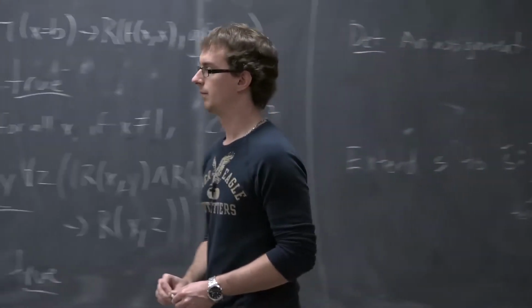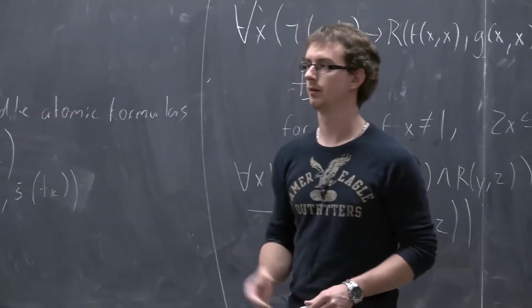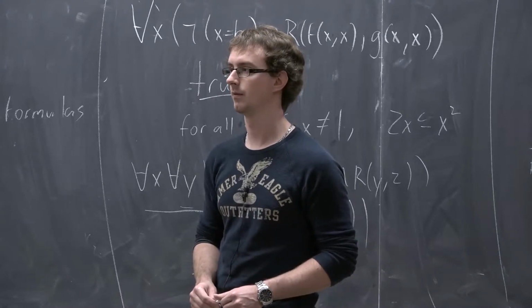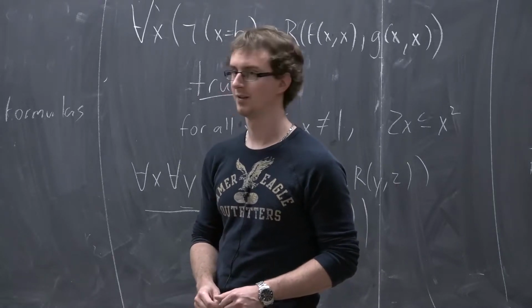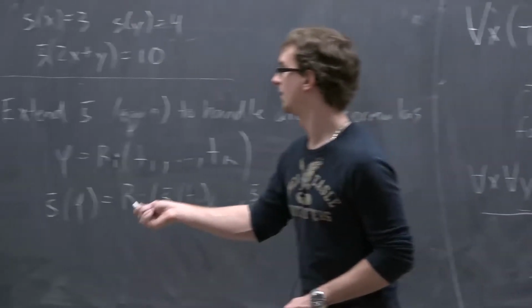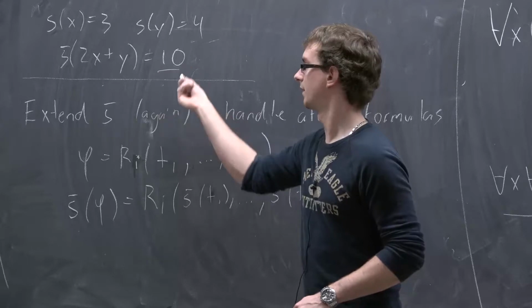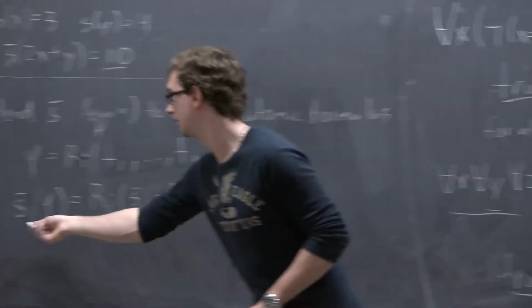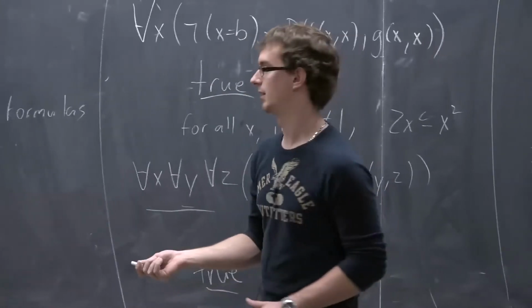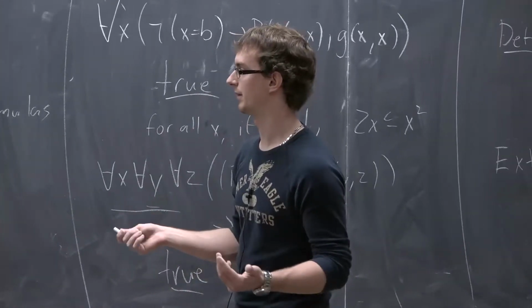This is a bit subtle, but some of you might complain. It's not returning something in the universe? Exactly. I'm kind of abusing notation here because I've gone from an S bar that returns stuff in our universe to an S bar that returns true or false. I'm mainly doing this because I'm lazy and don't want to keep coming up with new letters.